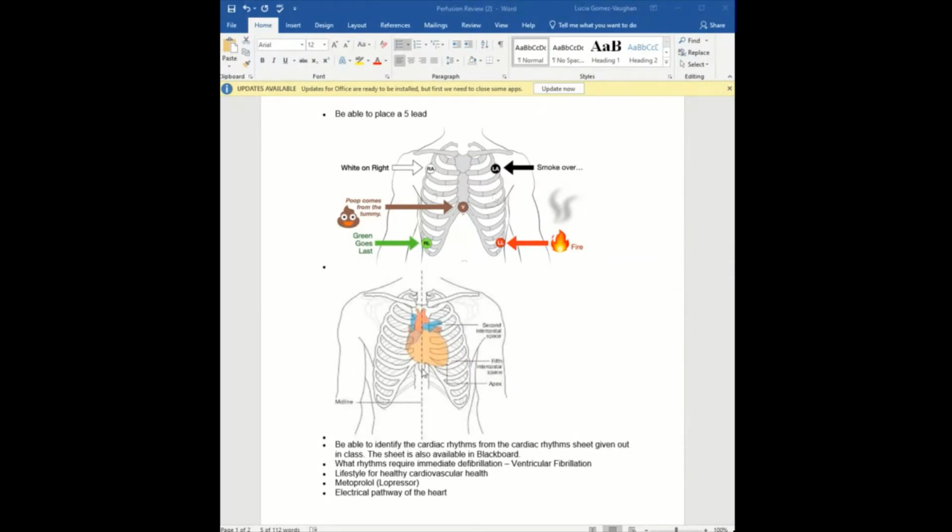Be able to identify the cardiac rhythms from the cardiac rhythm sheet given out in class. This sheet is also available in Blackboard. So I'm going to stop sharing this screen and share the PDF that was posted in Blackboard.